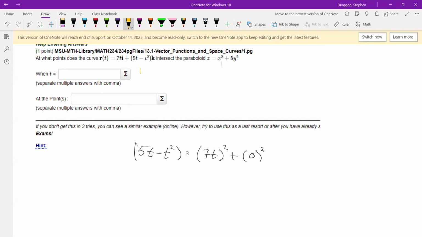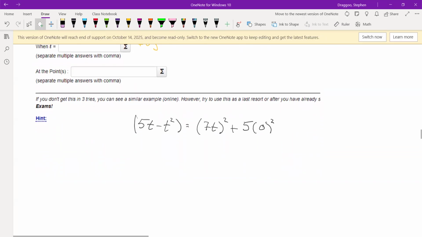All right, if I just notice over on that curve, my j term is missing, which means the y component is 0. So when I plug it in there, I get 0. I suppose technically this should have been a 5 times 0 squared. But either way, it's still going to work out to 0.